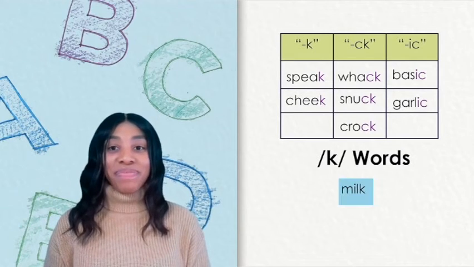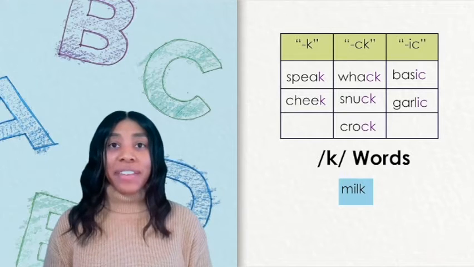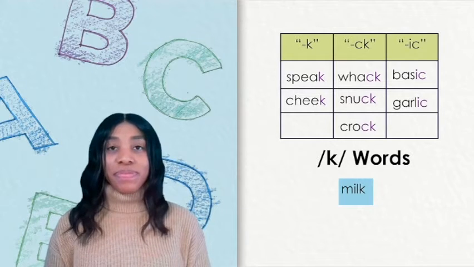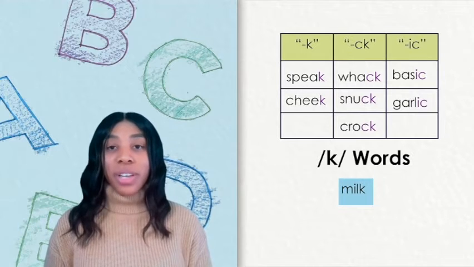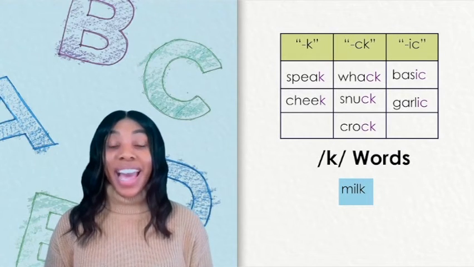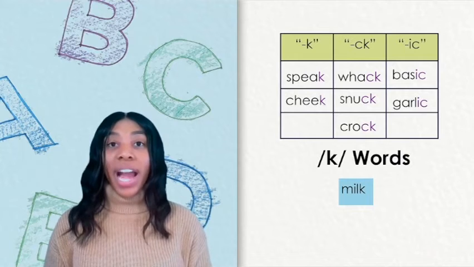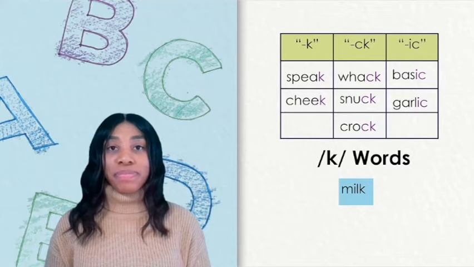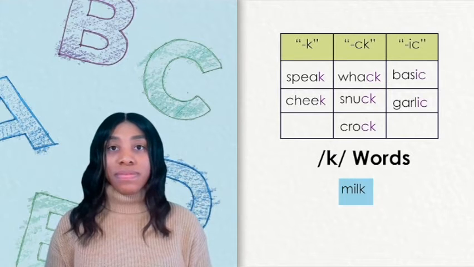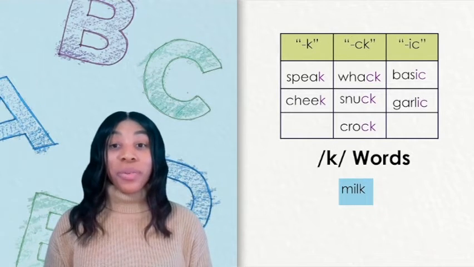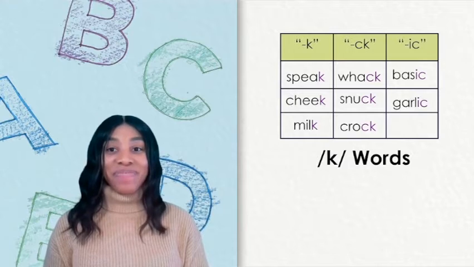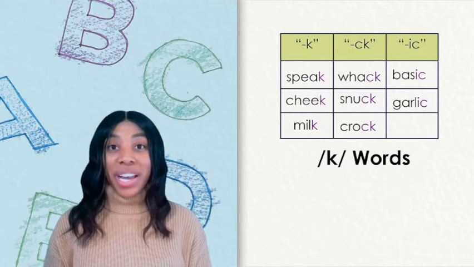Let's try another. What word do we have here? Milk. Would milk go in the K, CK, or IC column? Milk will go in the K column. This is our last one.